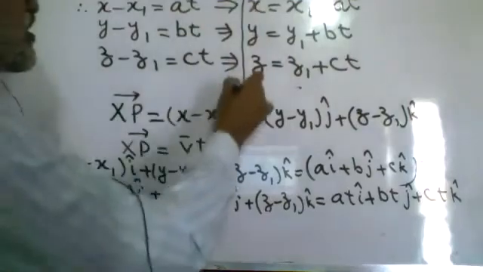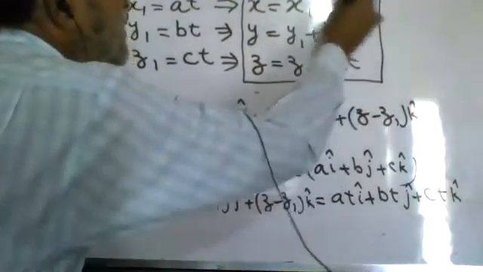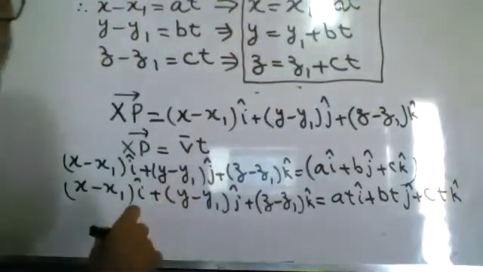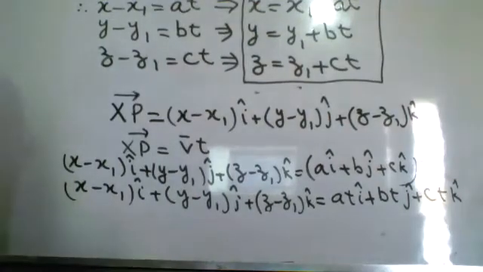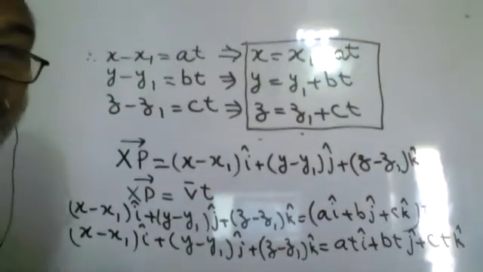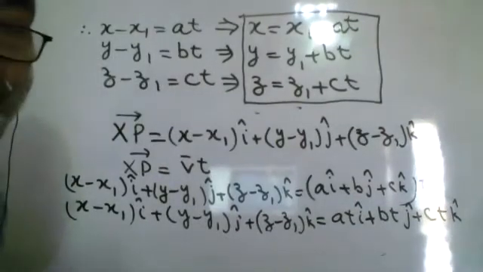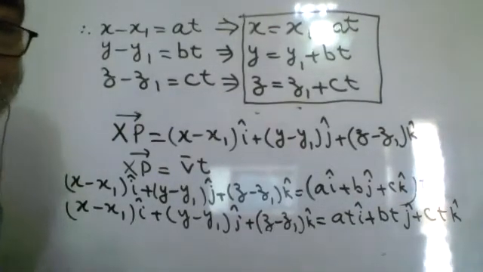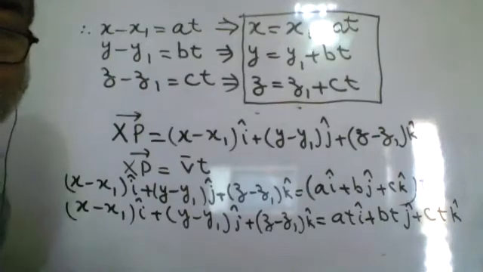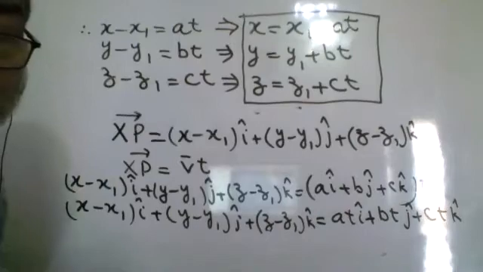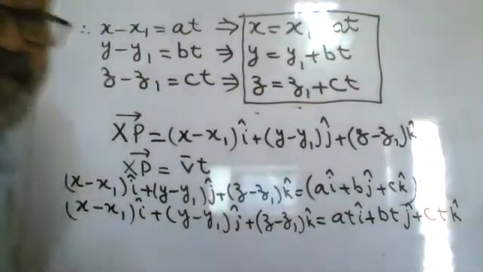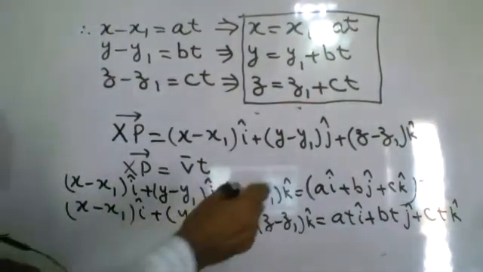These are called the parametric equations of the straight line. x is equal to x1 plus at, y is equal to y1 plus bt, z is equal to z1 plus ct. These are called the parametric equations of the line.